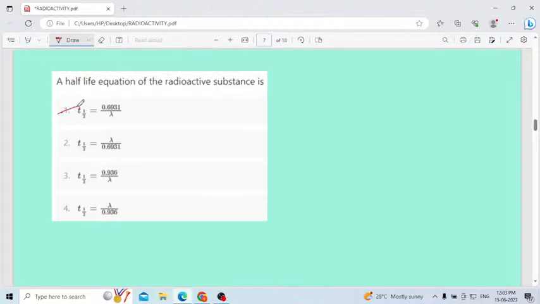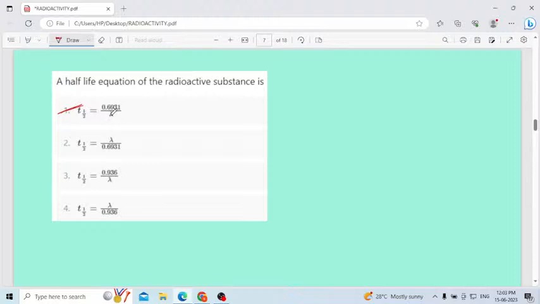T half equals 0.6931 divided by lambda. They have given so many options, but don't get confused. What is meant by T half here? T half indicates the half-life of the radioactive decay, and lambda is the disintegration constant.